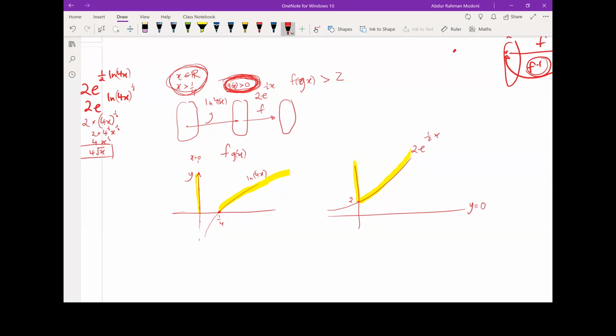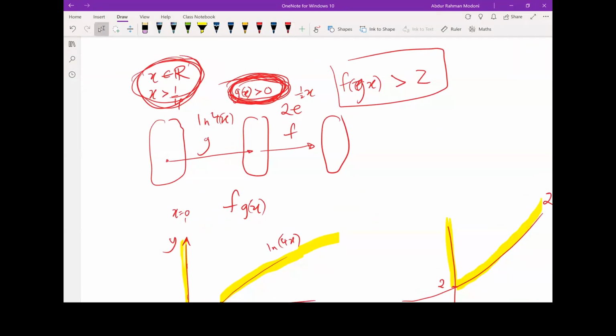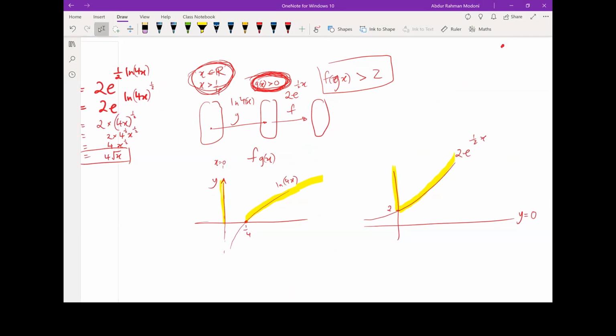So I found my range for fg of x by using this diagram to show which input gave us which output, and then that output becoming the input of my next function, the f. I looked at it using a graph as well to understand what the range is.